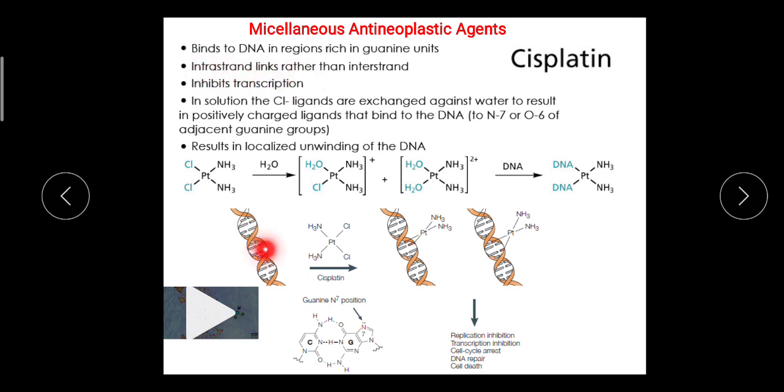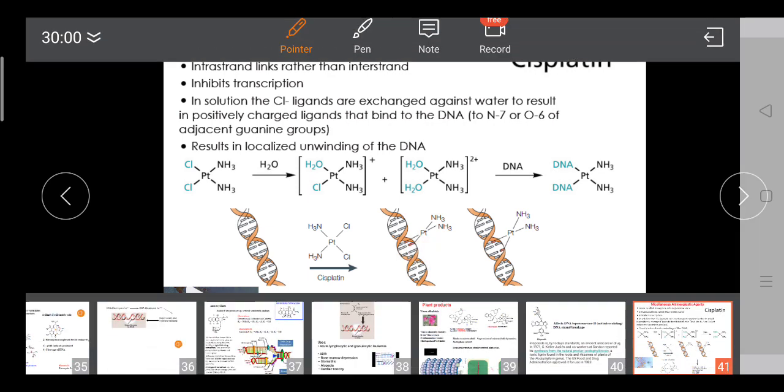Here the chlorine group is released, the place is taken by the water molecule. Again this water molecule gets released, and instead of water, the nitrogen present in guanine binds, one nitrogen here, the second nitrogen present in the second guanine, they bind with the platinum.